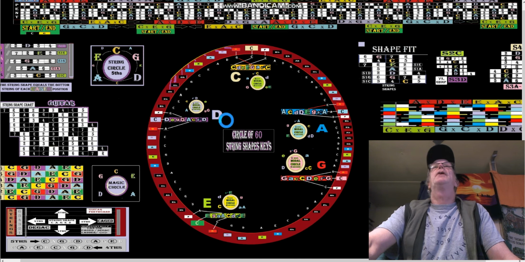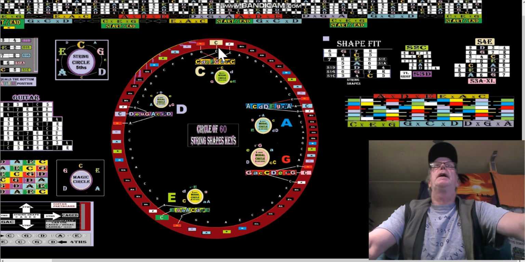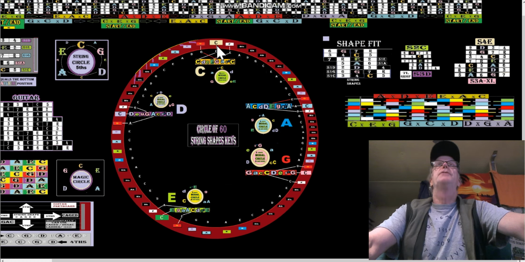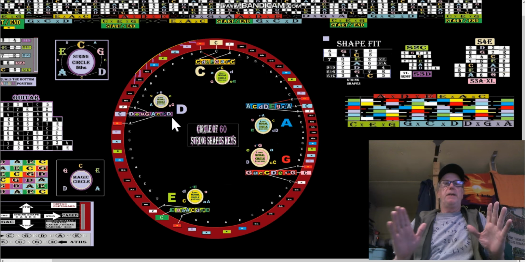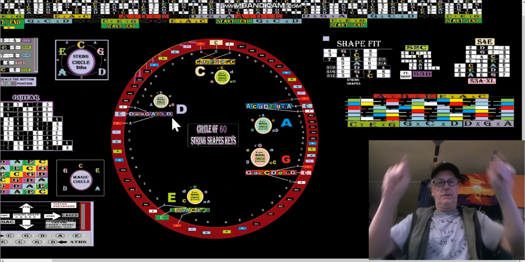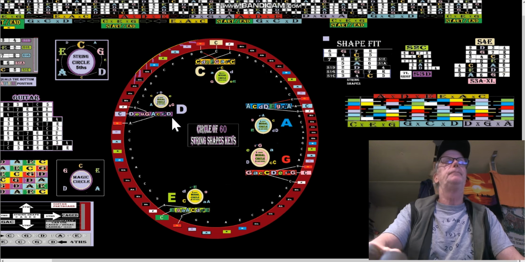Okay, when I started this, I thought I could make a circle of string shaped fifths that would be just about 12 string shapes long, and it turned out to be 60 string shapes long to go all the way around from C, A, G, E to D. So I had to expand the mind, expand the charts until everything matched up.